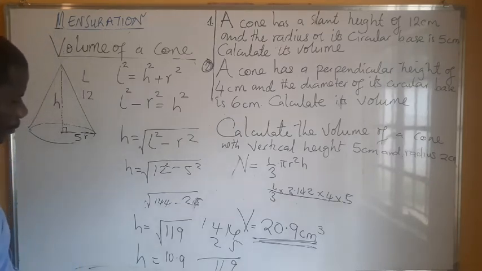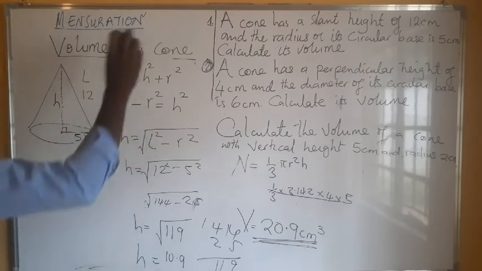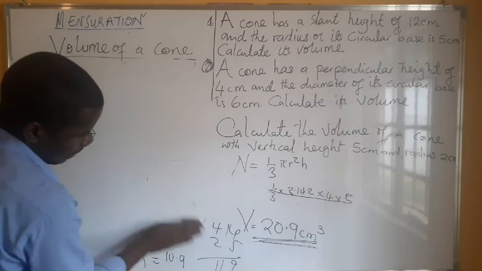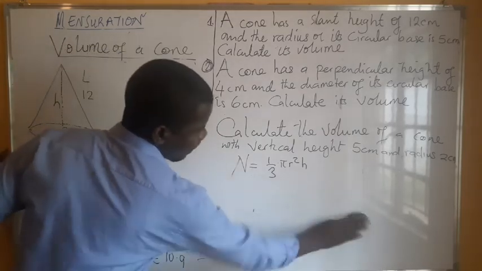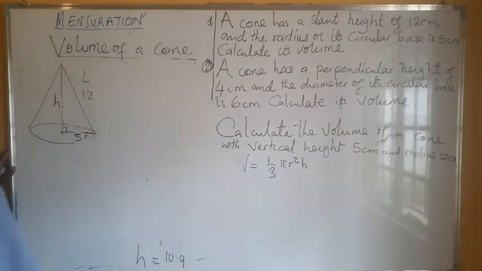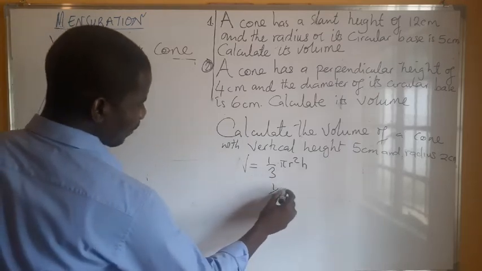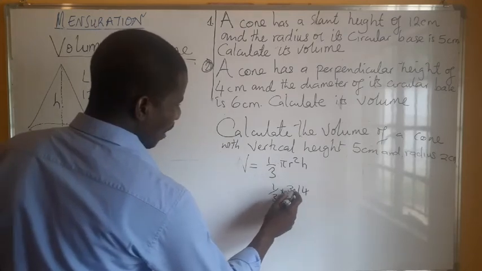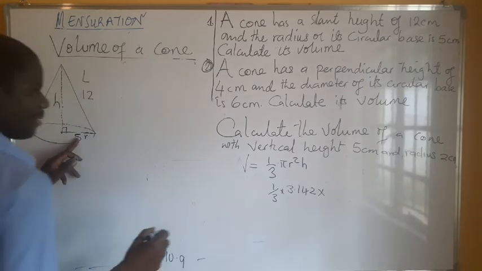So we can now go back to our formula. Our formula for finding the volume of a cone is 1 over 3 multiplied by pi, which is 1.142, multiplied by radius, which is 5.